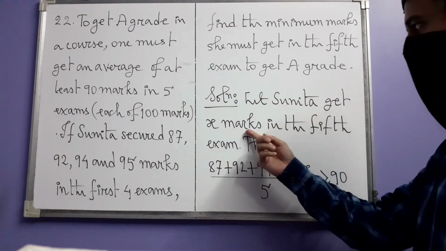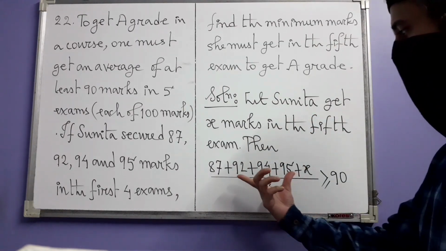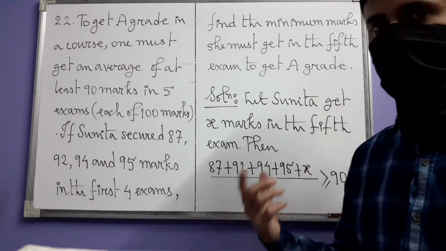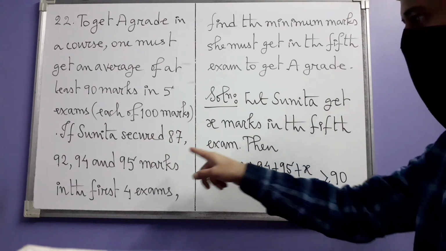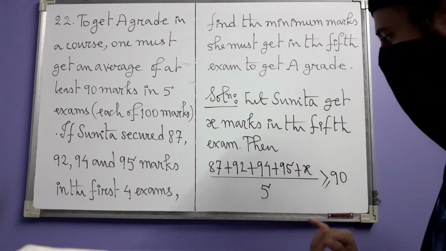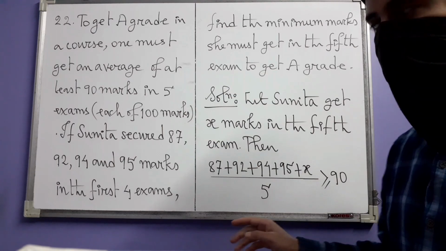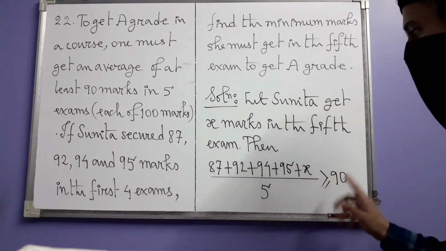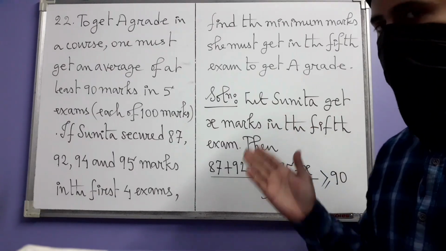Let Sunita get X marks in the 5th exam. Then the average of all her marks in the 5 examinations is this: 87 plus 92 plus 94 plus 95 plus X divided by 5. In order to get A grade, this has to be greater than or equal to 90. Now I am not going to solve this like the previous one for you.